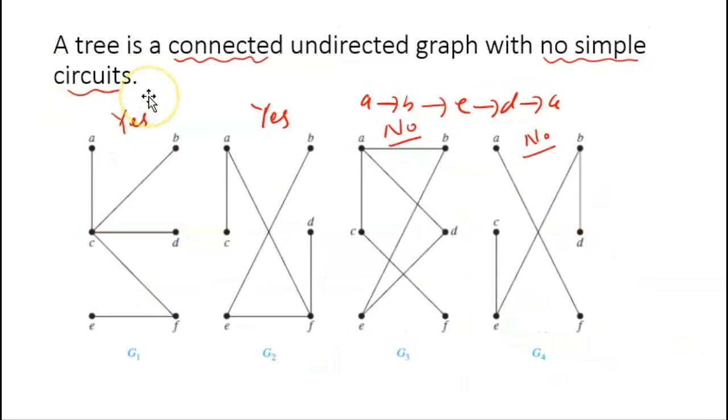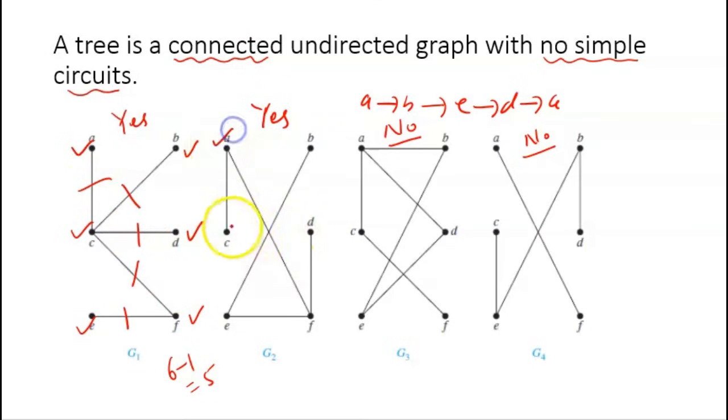So if you look at this example here, how many vertices are there? 1, 2, 3, 4, 5, 6. How many edges should it have? It should have 6 minus 1, that is 5 edges. You can count 1, 2, 3, 4, 5. If you look at this, how many vertices are there? 6 vertices, I count again, 1, 2, 3, 4, 5, 6.